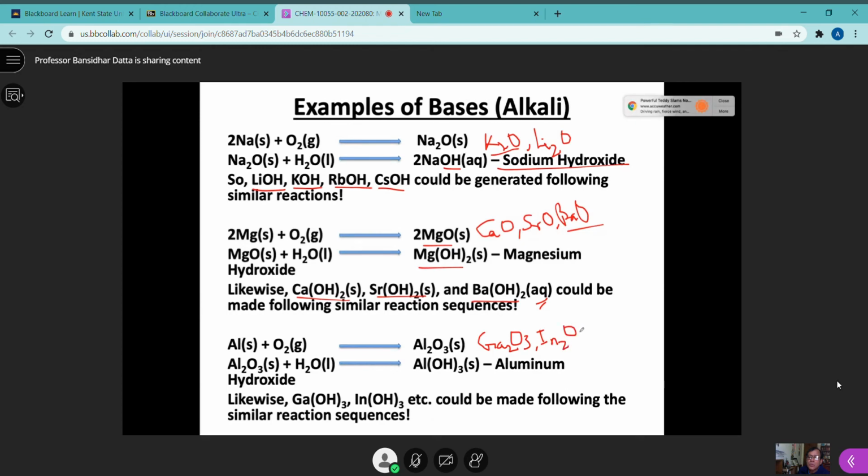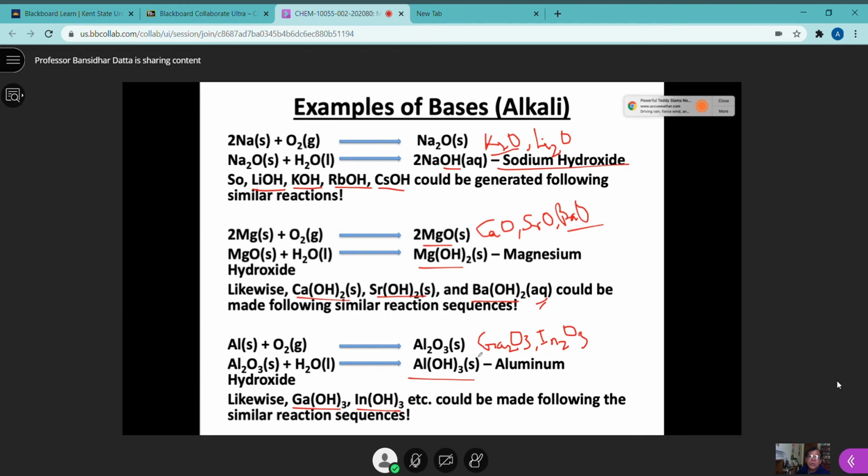These are all group 3 element oxides. If we dissolve the group 3 oxides in water, you get hydroxides: aluminum oxide plus water gives solid aluminum hydroxide. Likewise, you can make solid gallium hydroxide, solid indium hydroxide, and so on.